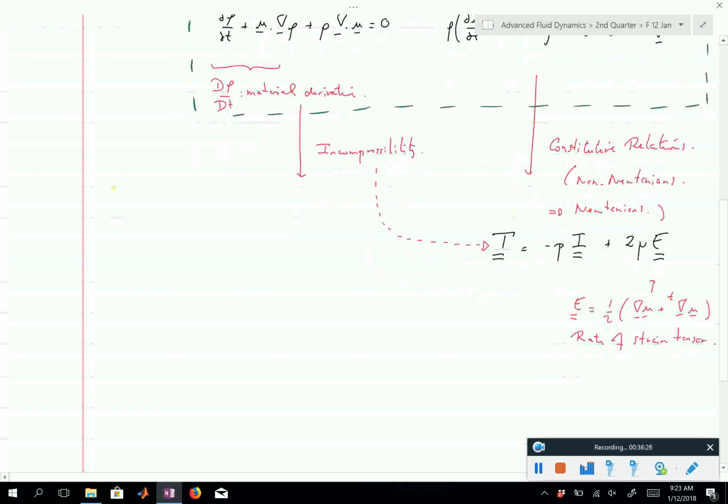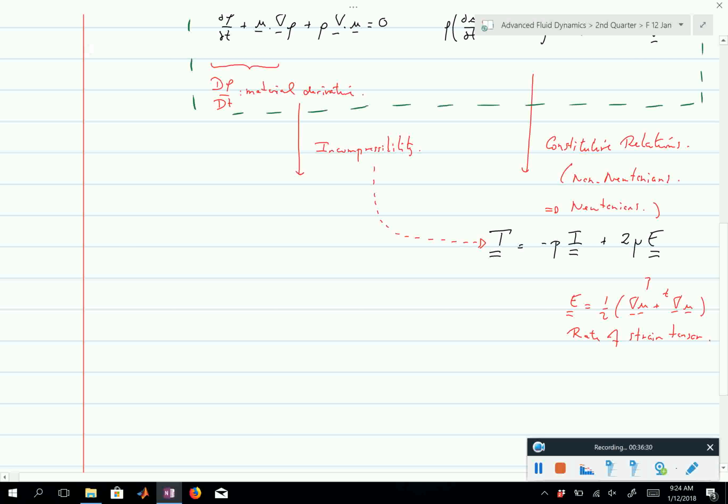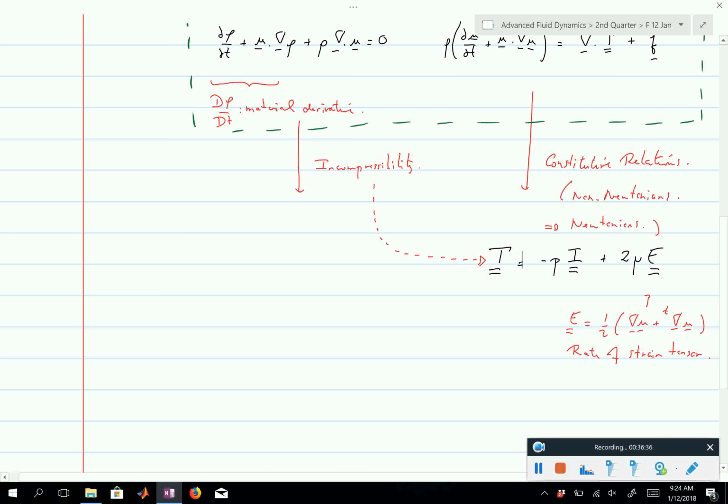And so that led to the version of the Navier-Stokes equation which we use in this class. So let me write them down. Here, when we assume the flow to be incompressible, that means that we assume the density doesn't change. So d rho dt is equal to 0. This is the incompressibility condition, in which case the continuity equation reduces to just divergence of U equals 0.